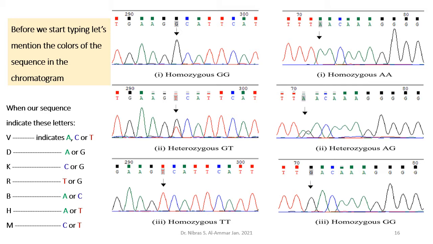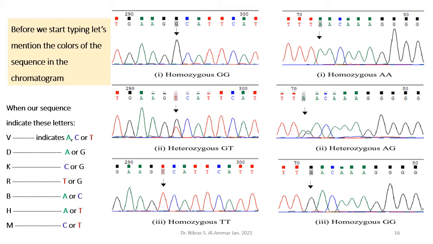The second row, we have heterozygous peaks. In the first one, we have heterozygous G and T. You can see here the two peaks appear together, the T and G, black and red.